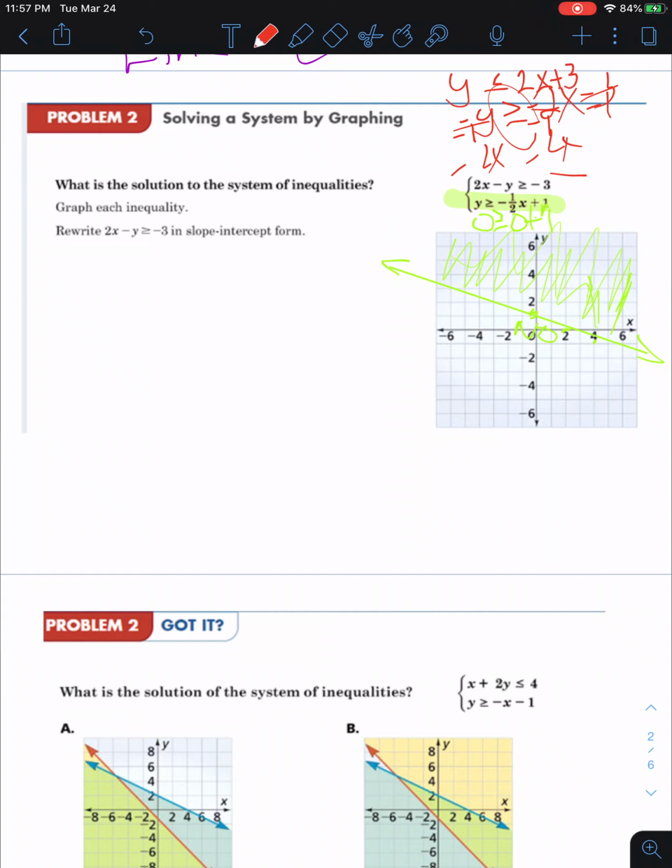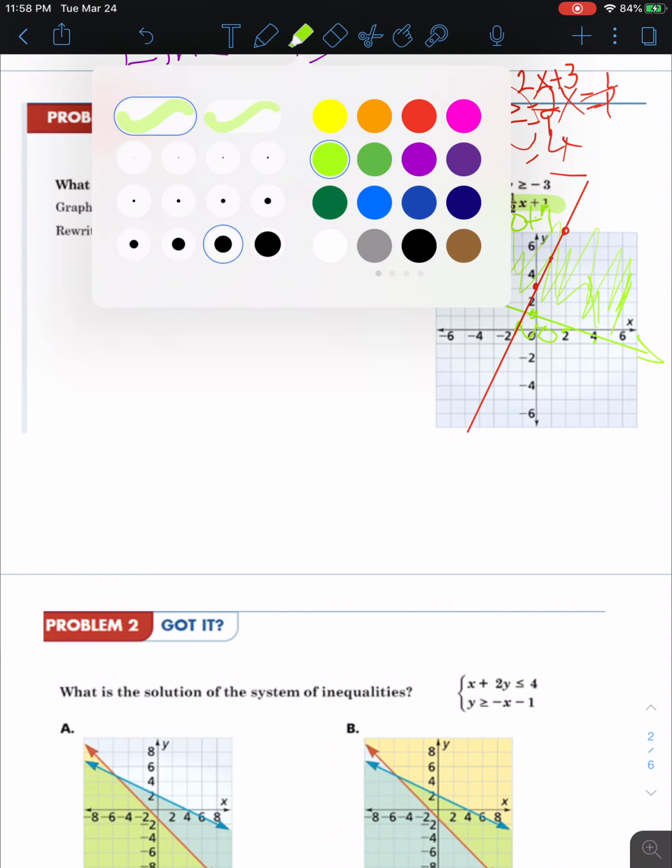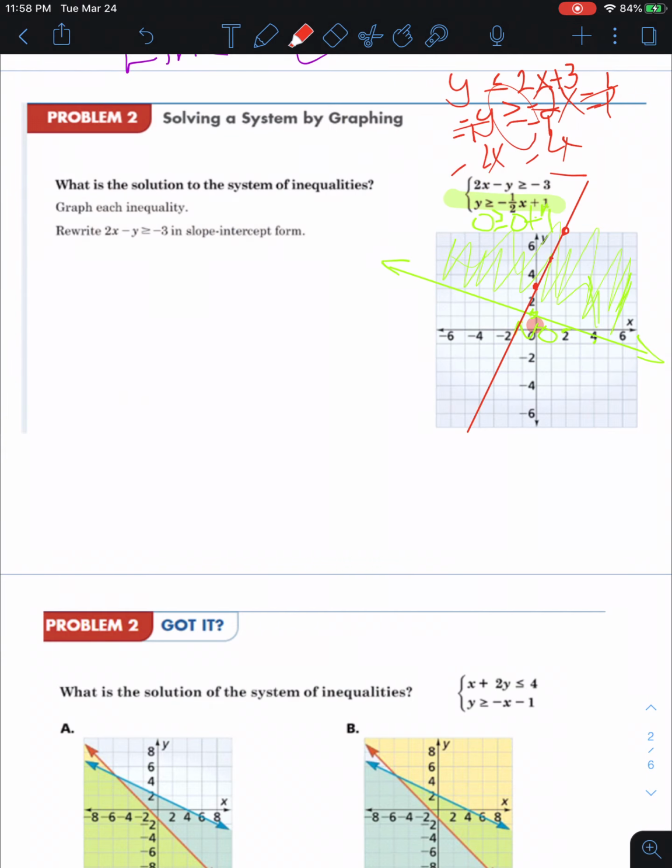Okay, so we'll come up here and put a dot at 3, and then it's going to be positive 2 over 1, positive 2 over 1, and we'll put a solid line again. All right, and then I'll check 0, 0 this time.